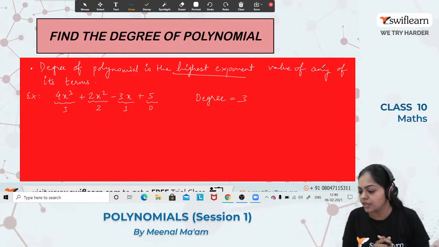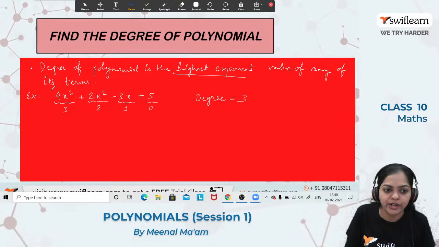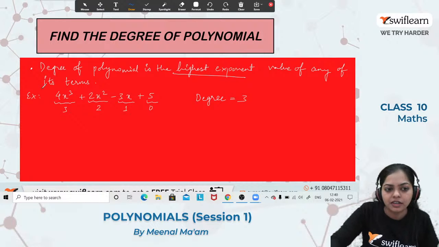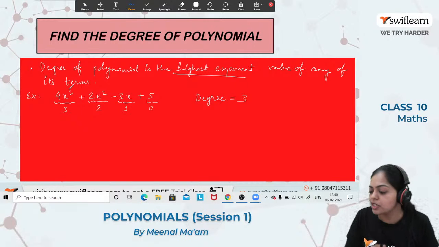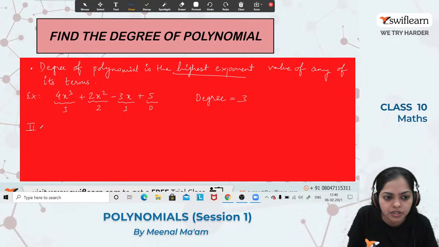Got it? Any problem, any doubt till here? No? Alright. So this is the first case, where the variable is only one. Only x is present. But what about the second condition?